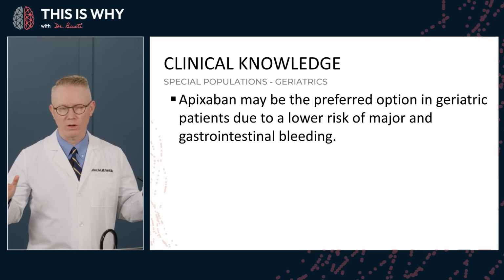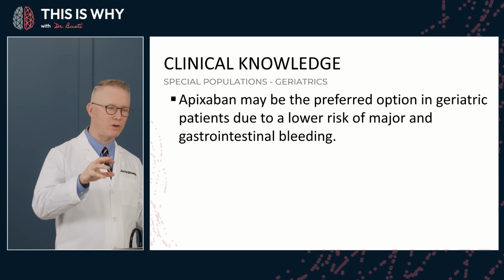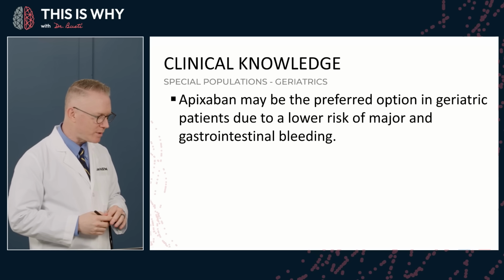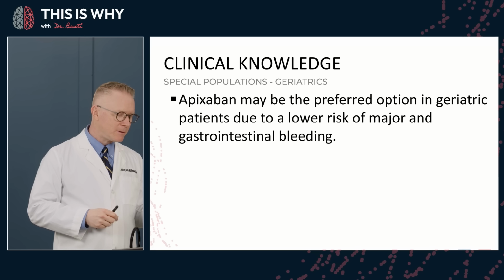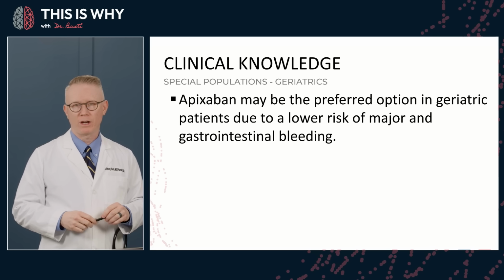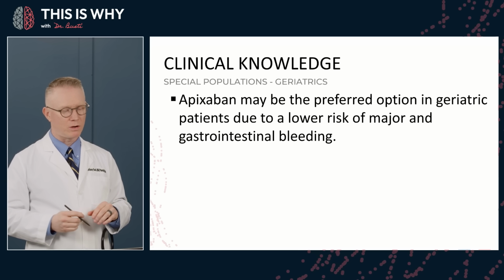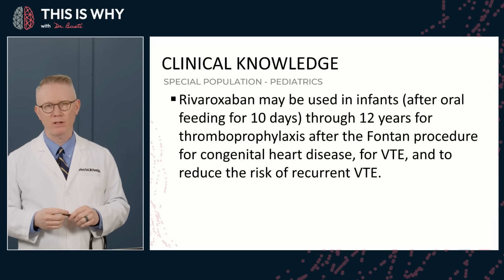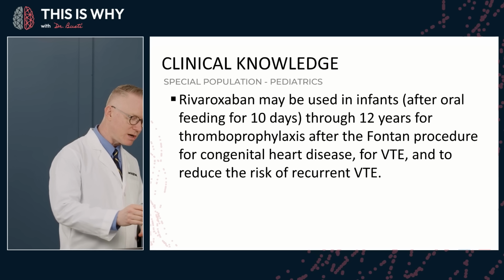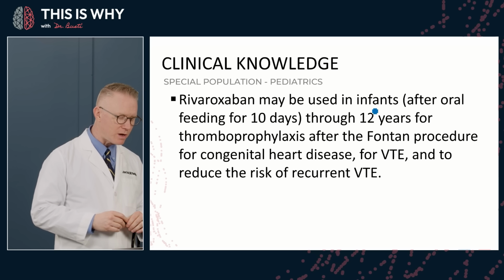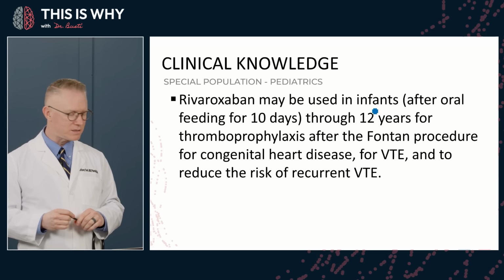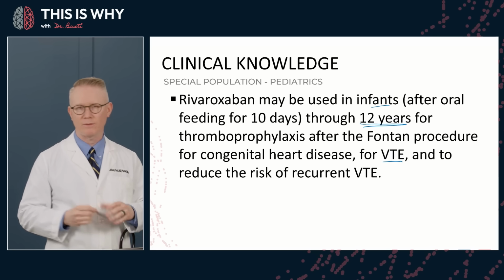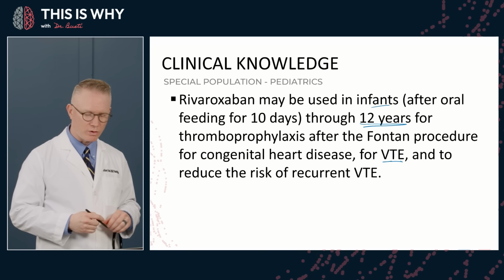I just wanted to make you aware of those limitations so that when you have a unique patient scenario, don't make the assumption that you can extrapolate all the information across all patients. Apixaban may be a little bit more preferred in our geriatric patients simply for a smaller risk of bleeding and GI bleeds. Pediatric patients, Rivaroxaban may be used in patients from infants through 12 years for prophylaxis and Fontan procedures for congenital heart disease, patients with VTE or recurrent risk of VTE from a hypercoagulable disorder.